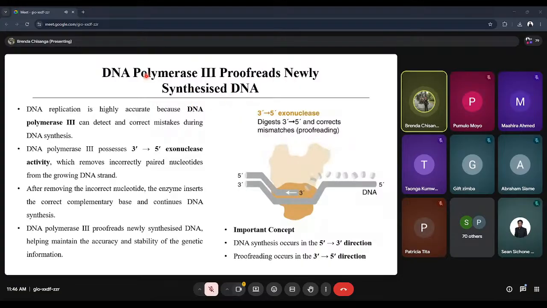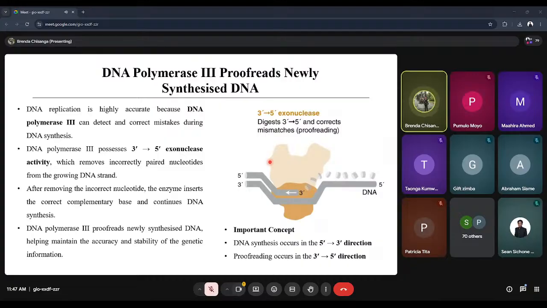Synthesis is in the 5 to 3, but to correct a mismatch, it uses its 3 to 5 prime exonuclease activity. What I'm trying to say here is that we should be very clear.